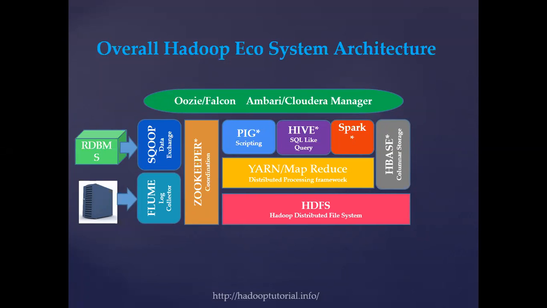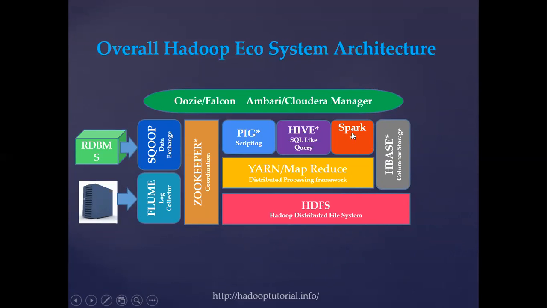Okay, but majorly the core components are HDFS and MapReduce. You will definitely have HDFS and Yarn in any Hadoop cluster, and you will definitely have Hive and Pig also most of the times. And Cloudera Manager or Ambari will also be there if you go with any commercial vendors.